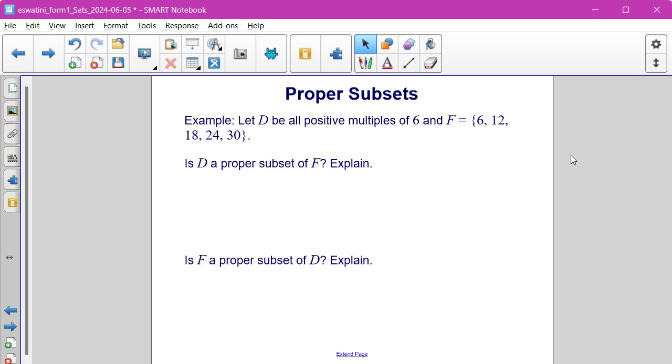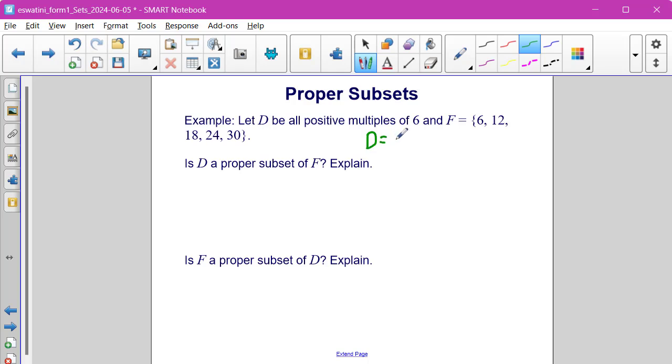Now let's try an example with proper subsets. Let's let D be all the positive multiples of 6, and set F be the set 6, 12, 18, 24, and 30. So then, is D a proper subset of F? Explain. So first, let's write out what set D is in tabular form to make it easier for us to analyze it.